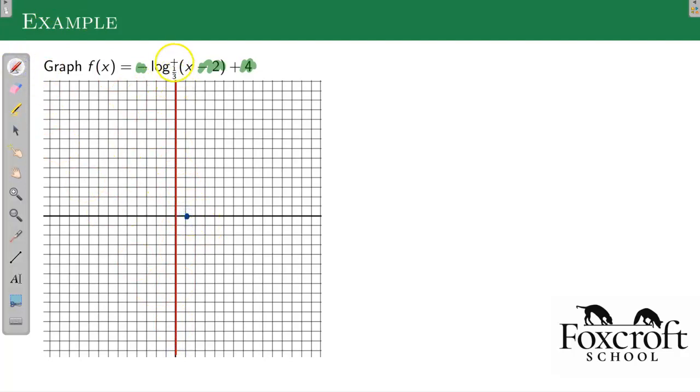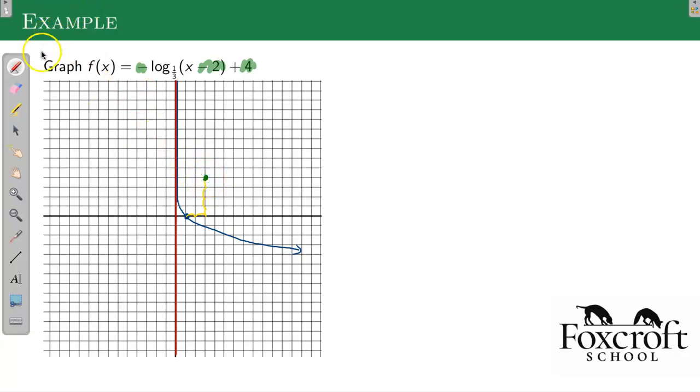This is a smaller base, so it's going to be at the top to start before it curves out. And now we want to move this graph right 2, up 4. It's just going to move this point right 2, up 4, and it's going to start there. That's just my new starting point.